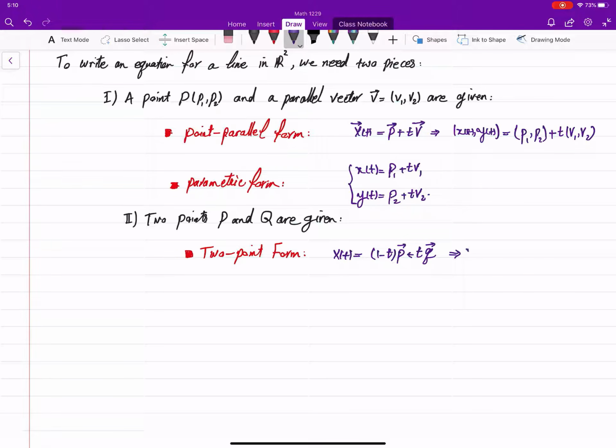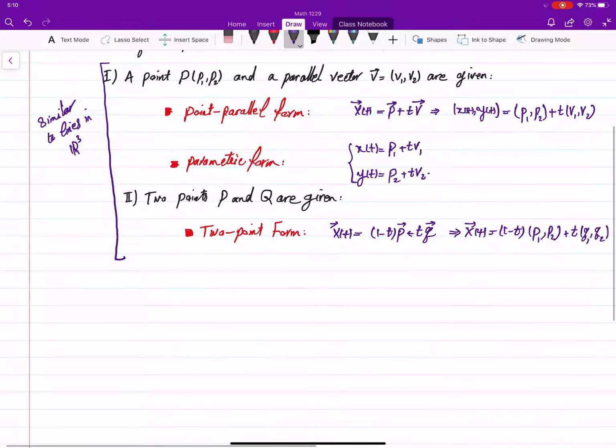Let me write it in terms of the coordinates: (1 minus t) times p1, p2, plus t times q1, q2. These are exactly the options we had for lines in R3. So far, that's exactly the same thing.